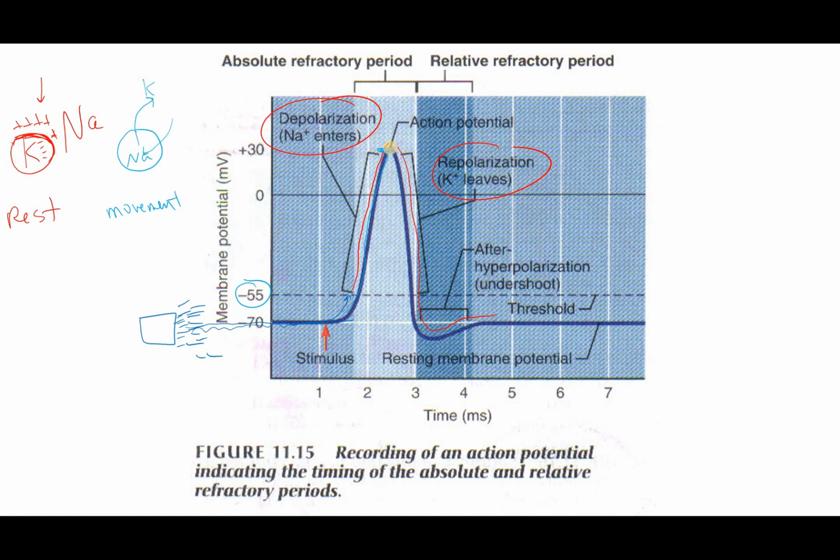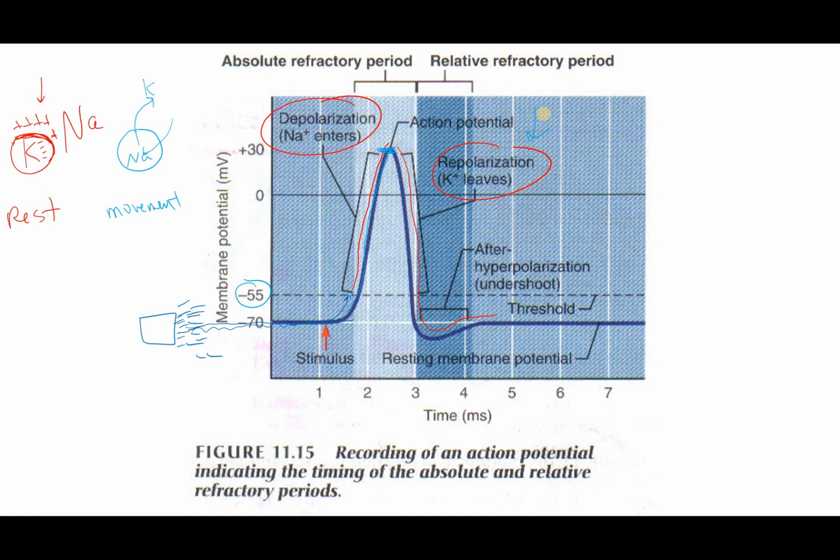Okay, now that is the repolarization phase, where things are going to go back to where they came from, which is the rest position, which means potassium leaves the outside of the cell, extracellular, and goes to the inside.